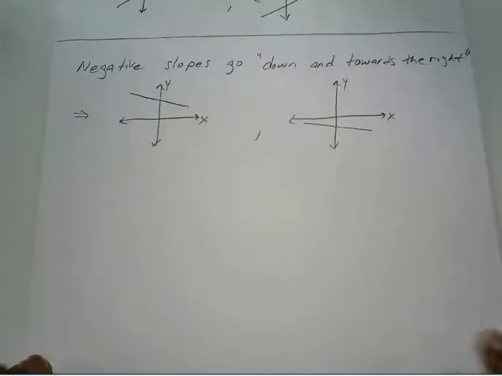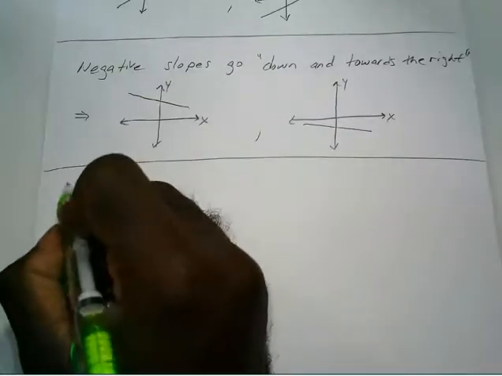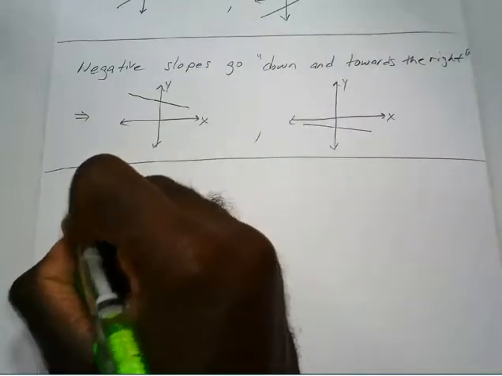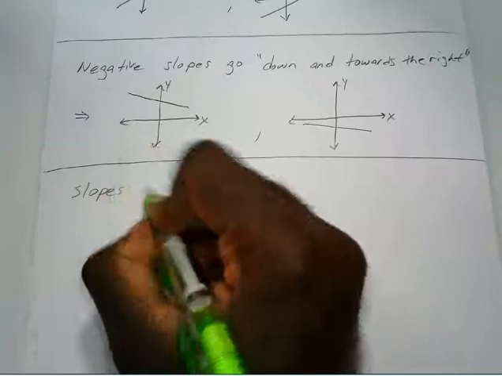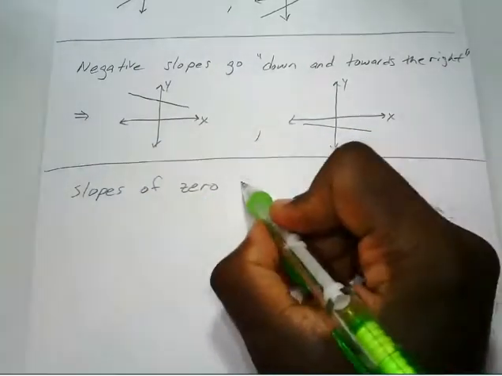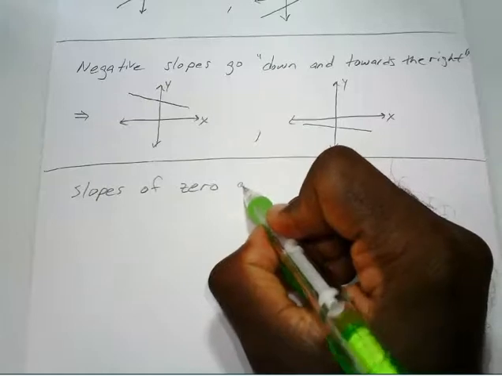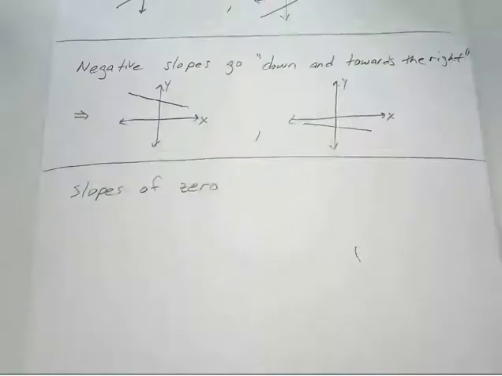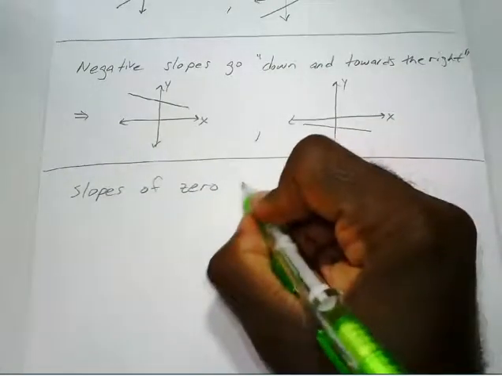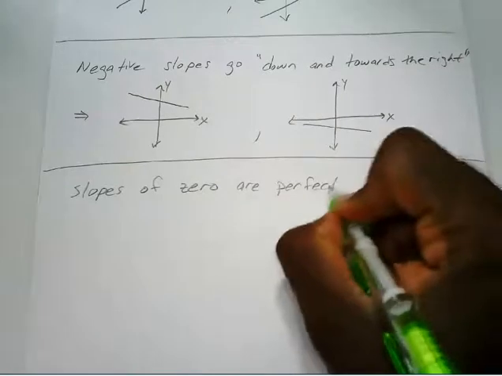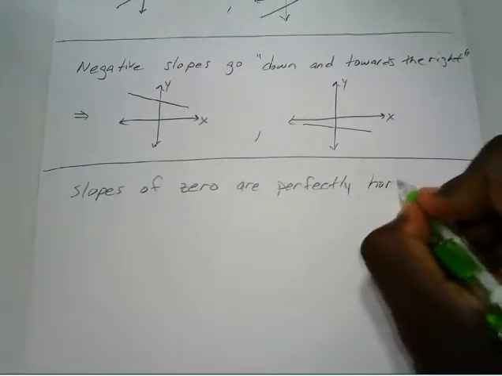Okay, now you can also, from the previous two examples, we know that slopes of 0 are horizontal. Not to say go horizontally, but just are perfectly horizontal.